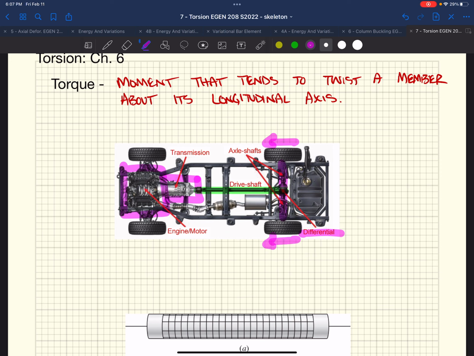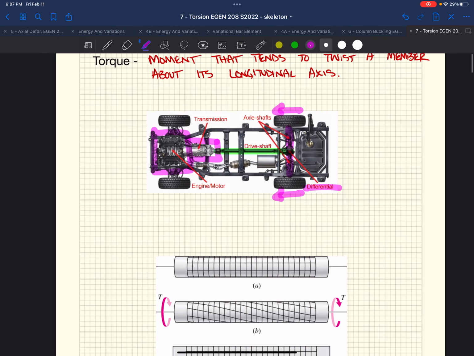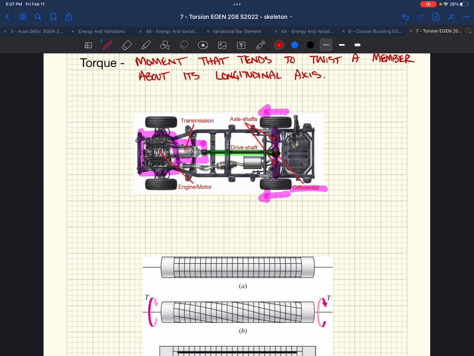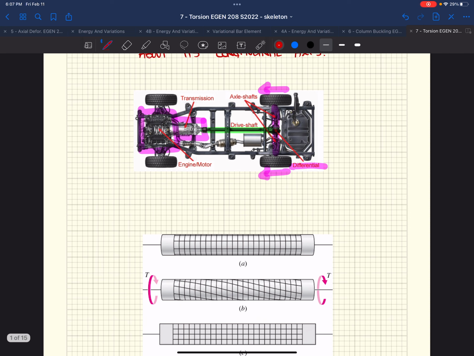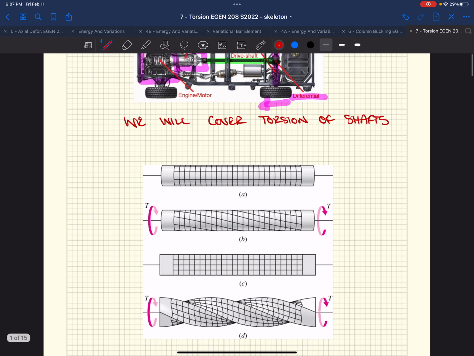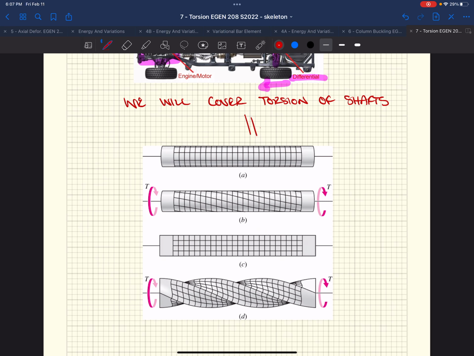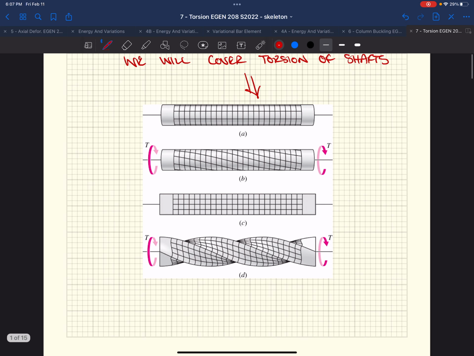So in this class, that's a real world example of a torsional member. We will cover torsion of shafts, and more specifically, these are some shafts.